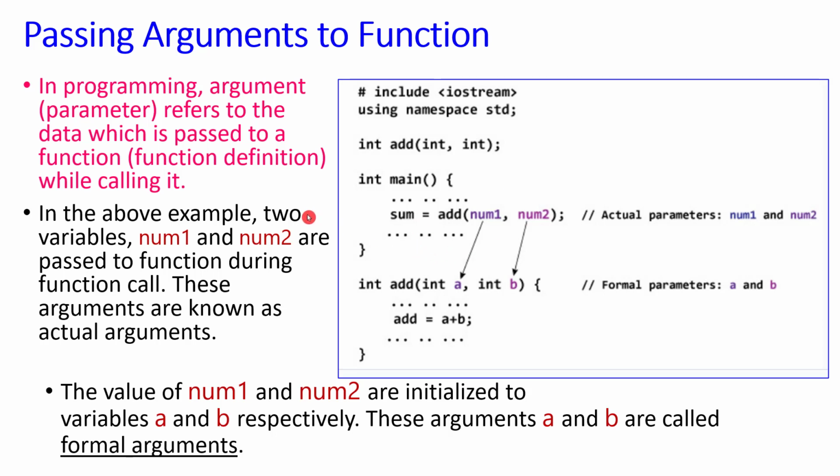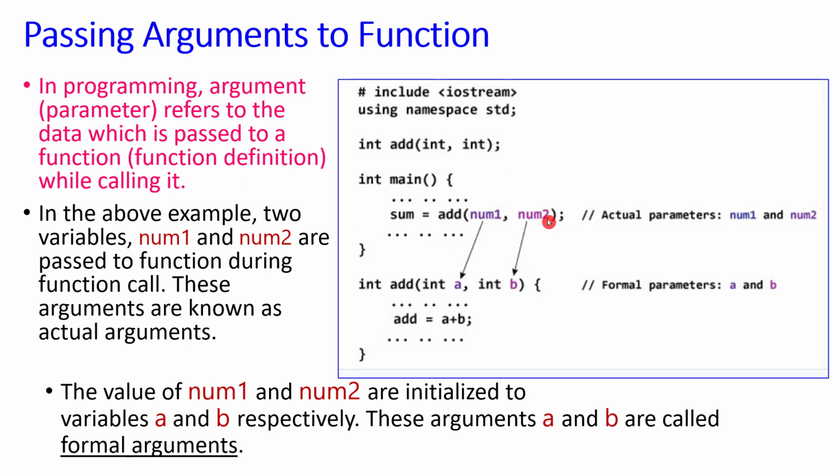Coming to functions in programming, these are called the arguments, like the calling function. The argument, in another term called a parameter, refers to the data which is passed to a function definition while calling it.